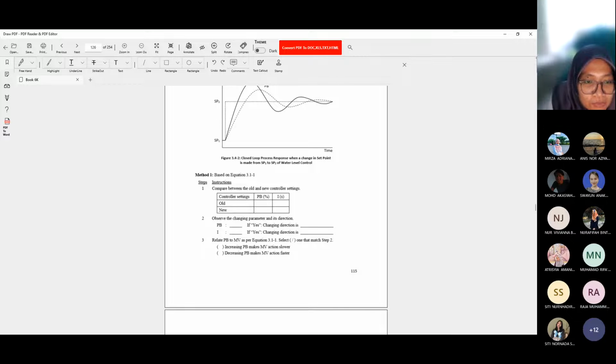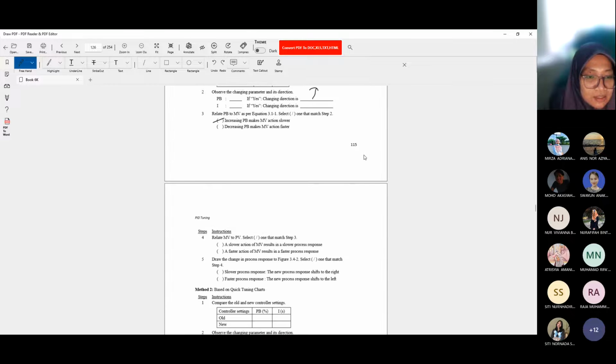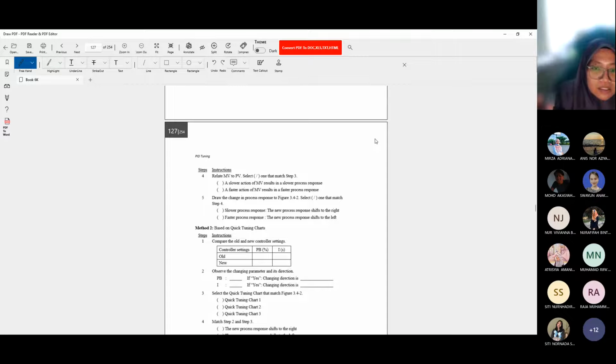For tutorial number 2, we get that PB increases, and the increase of PB makes the action of MV slower. Because MV is slower, the process response would be slower also. So the new process response will shift to the right. Ini yang you dapat kan?